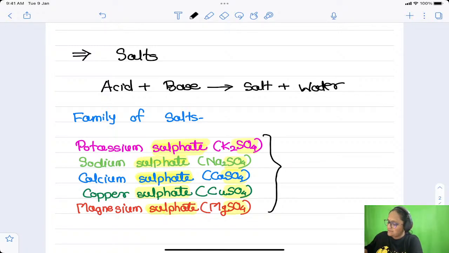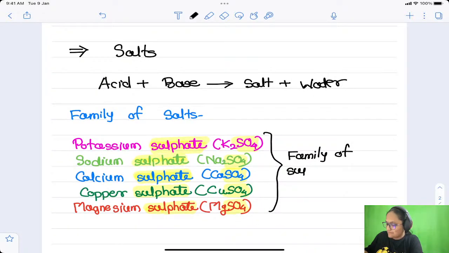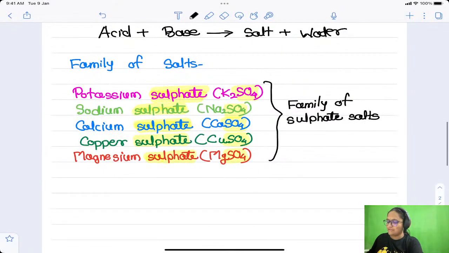I'll write it down: this is called a family of sulfate salts. The sulfate ion is an anion, so the anion is common in them. Therefore, this is the family of sulfate salts.